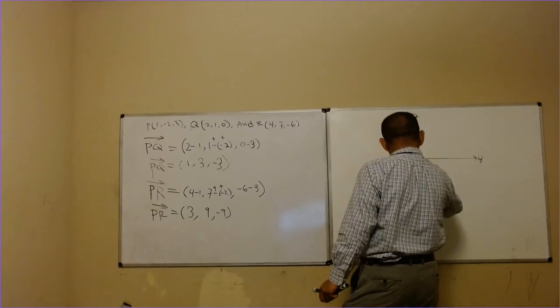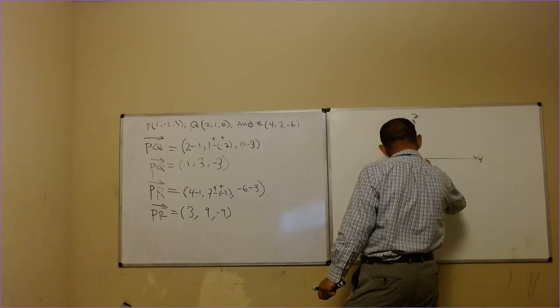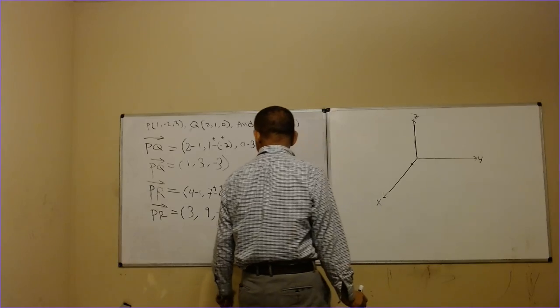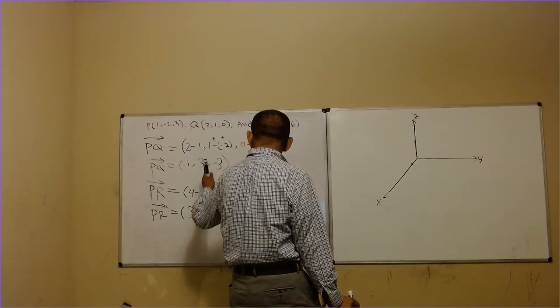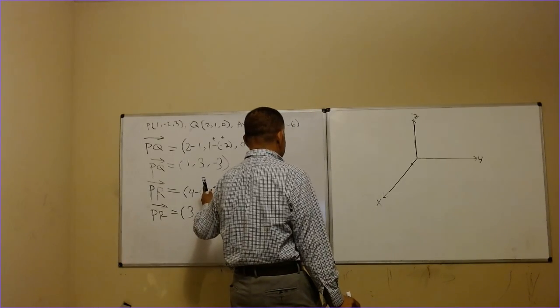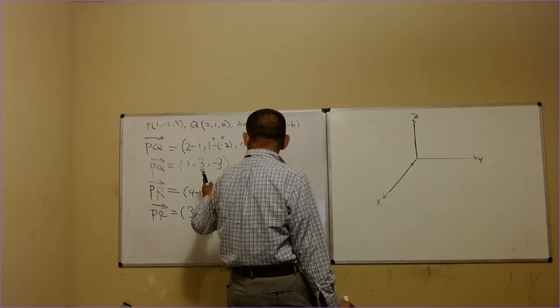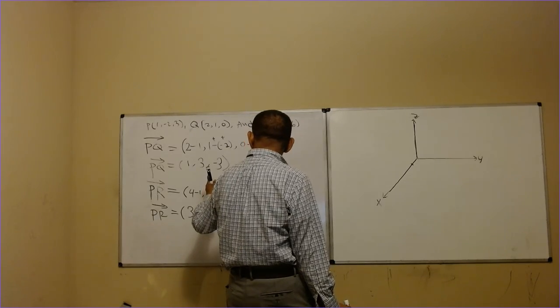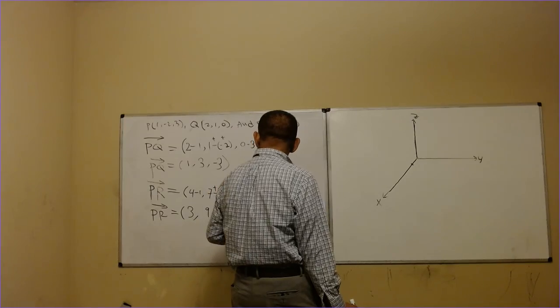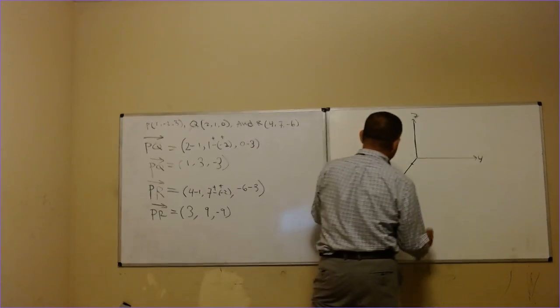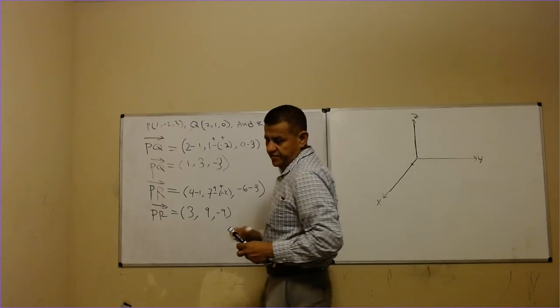So I go 1 unit on the X coordinate. Now, from there, I go 3 units, right? So what I can do is just drop a line, right?